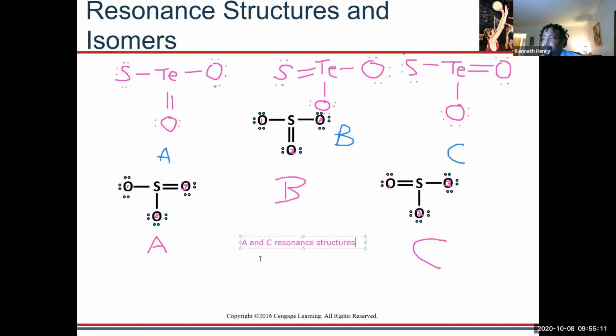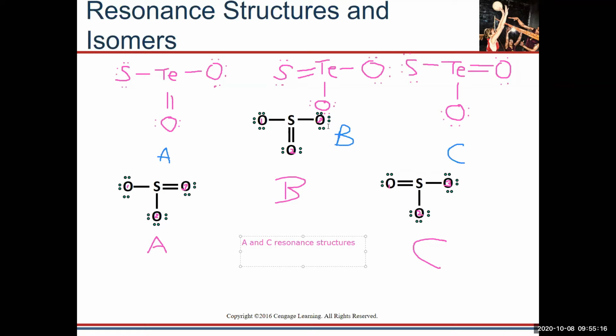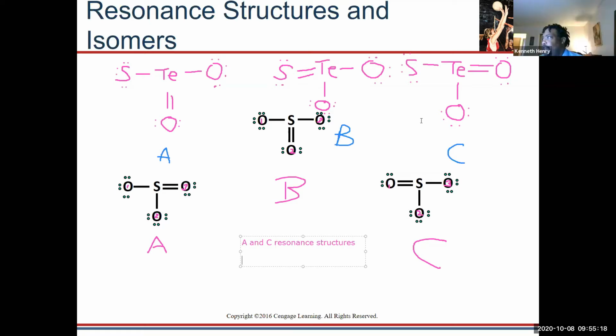A and B, or B and C, are isomers of each other, because in this case we have a different structure.